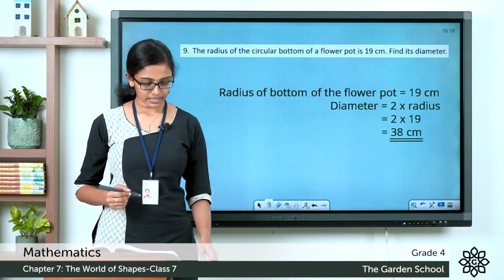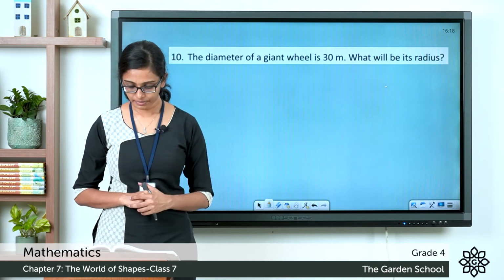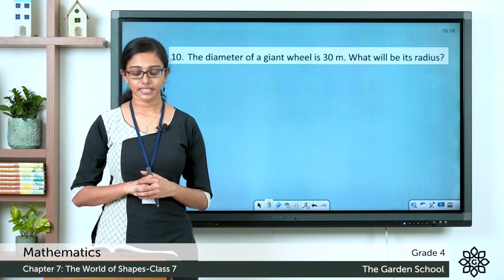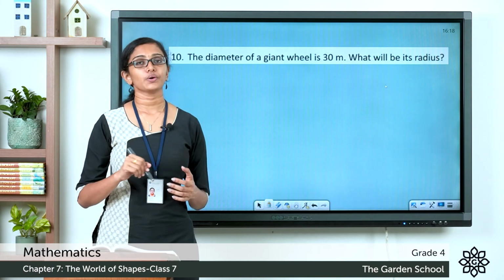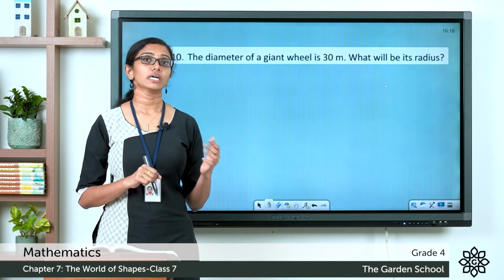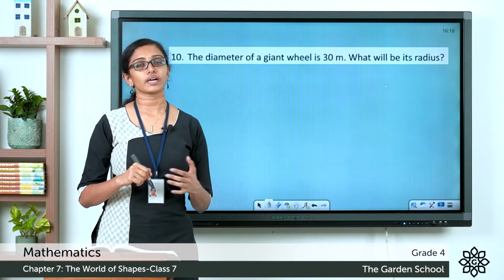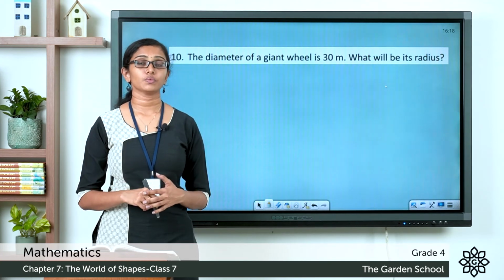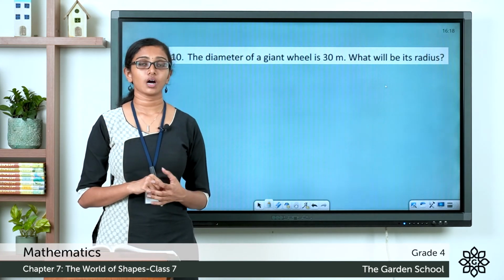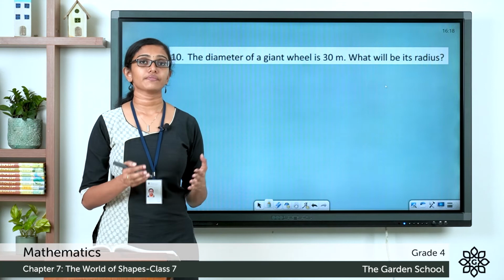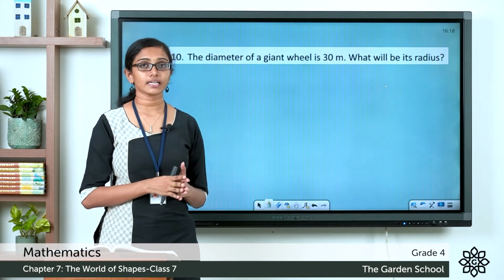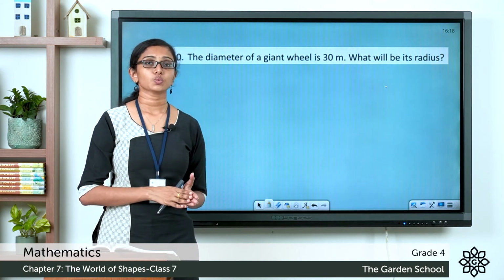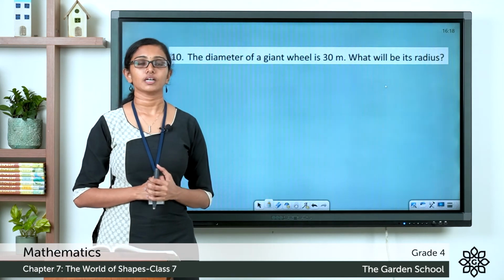Now let's see the last question. Question number 10. The diameter of a giant wheel is 30 meter. What will be its radius? We know diameter is equal to twice the radius. So what if we are given the diameter? How will we find out the radius? If diameter is twice the radius, radius will be half of the diameter, right?